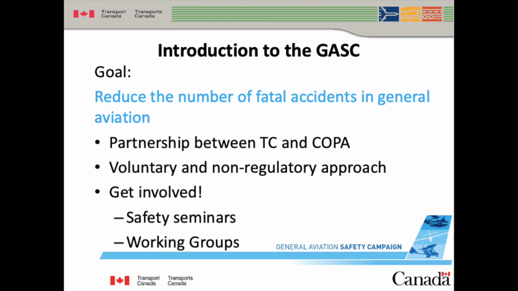This is not about new regulation. TC isn't coming down with a heavy hand. It's about making the general aviation community more aware that there are ways to be safer and that safety benefits everyone. This campaign was launched in partnership with COPA, who has been instrumental in reaching the general aviation community.